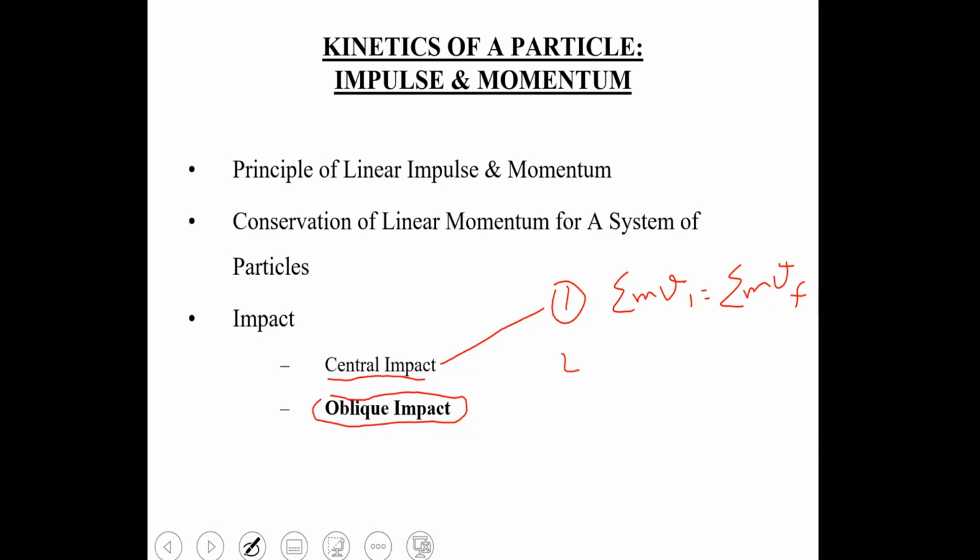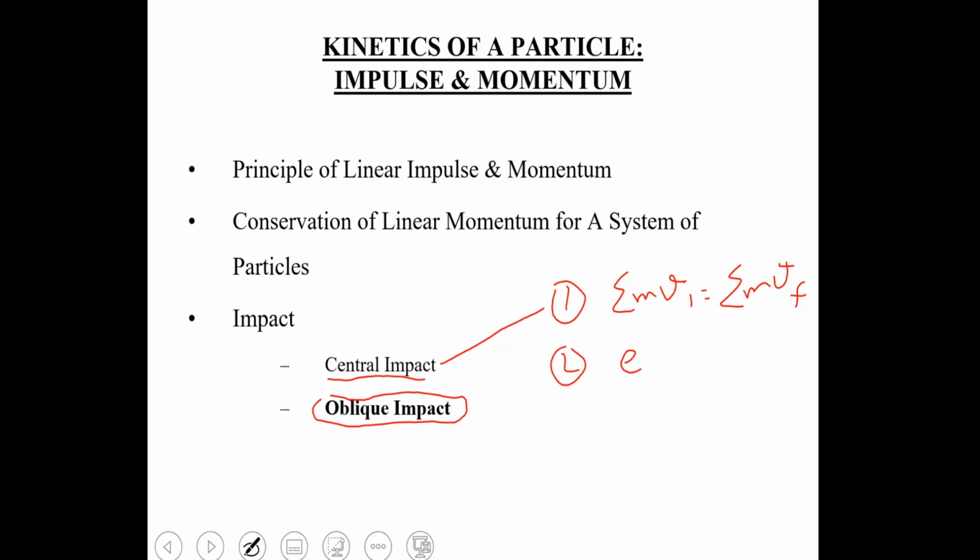And in the second step, for any problem involving central impact, you are going to apply the coefficient of restitution equation. Now, these two equations would give you a relationship in terms of final velocities of the two particles, VA2 and VB2. So solving these two equations simultaneously will give you the value of those two unknown quantities.